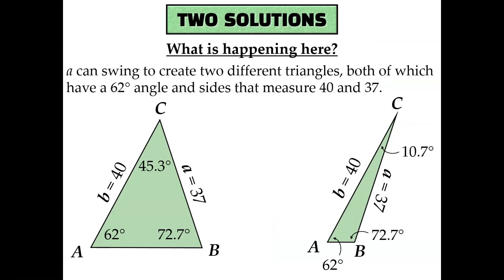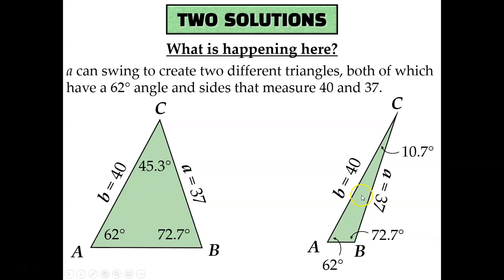So what's happening here? It's because this side length of A, 37 units, could be in this orientation, where it makes a 45.3 degree angle at angle C, or it could also swing inward and create this triangle over here, in which case angle C is only 10.7 degrees.